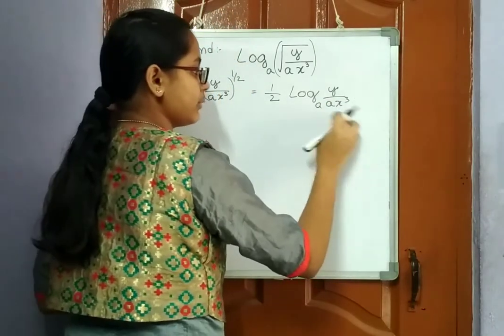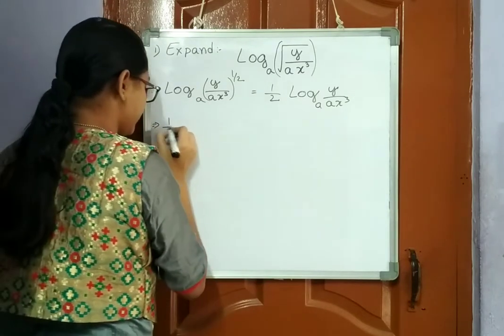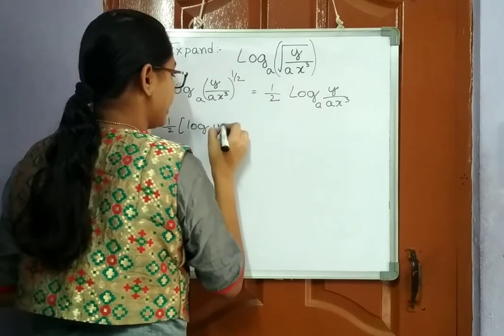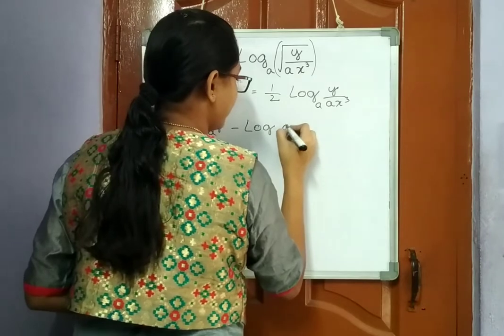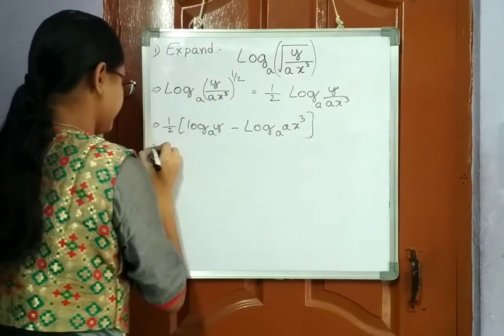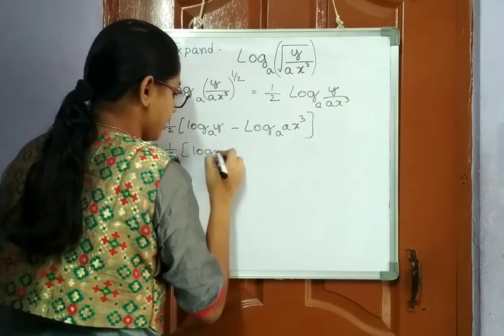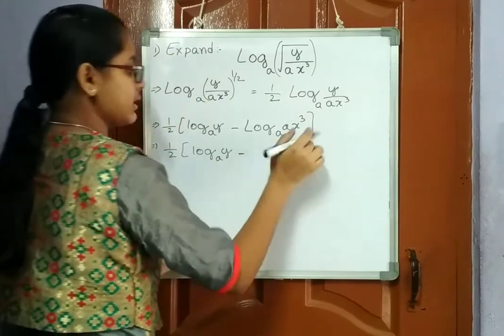Here y by ax cube is in the quotient form. Applying the quotient rule we will get 1 by 2 times log y to the base a minus log ax cube to the base a. Now we will get half of log y to the base a minus, this is a product rule.